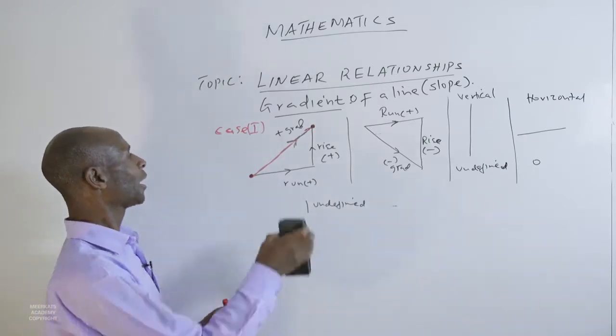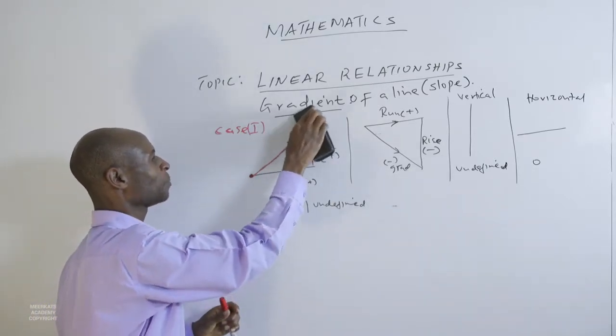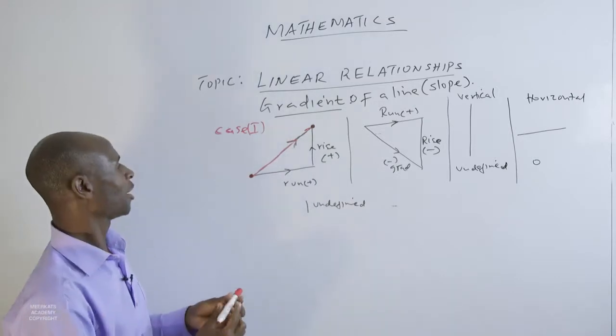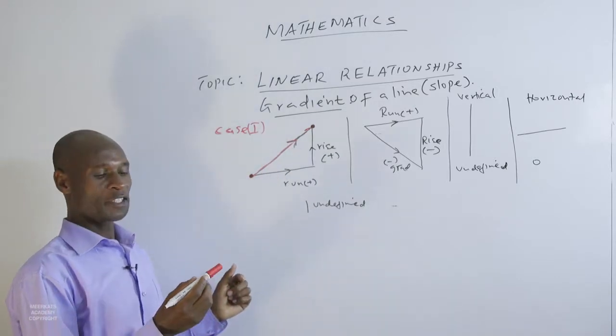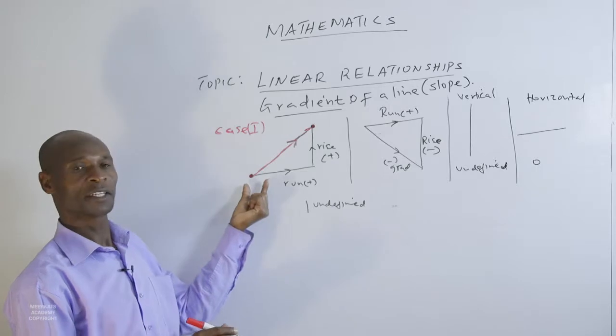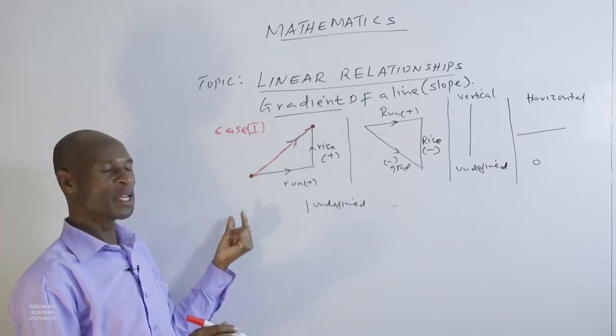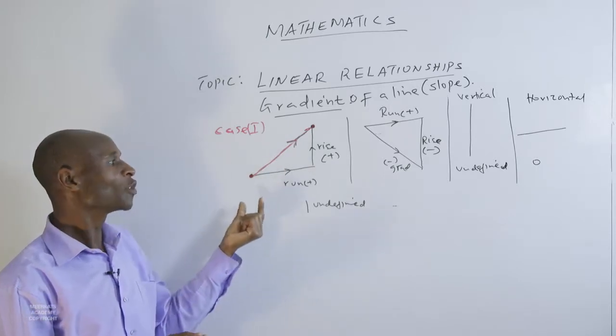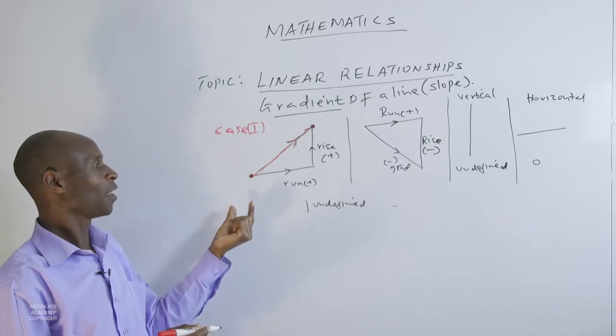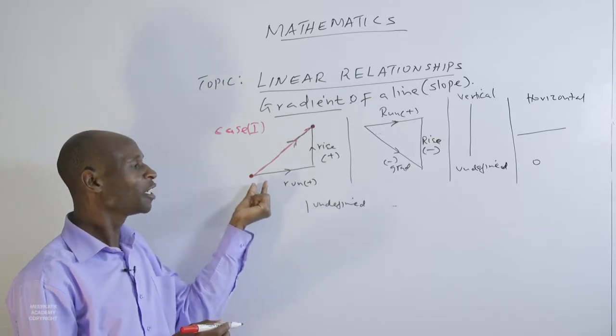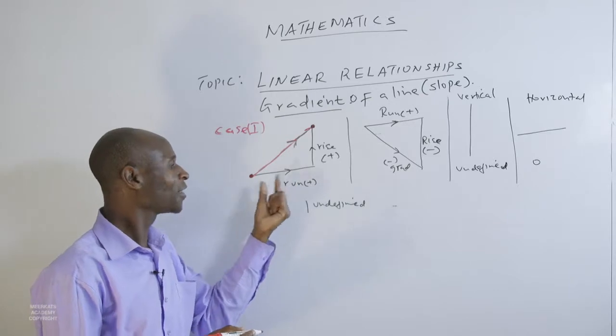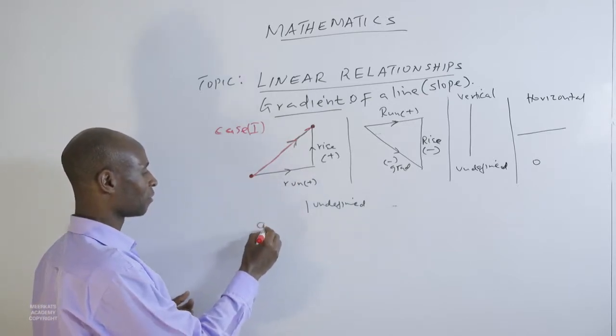So how do you calculate the steepness of that particular straight line? It's important to understand that to calculate the steepness of the line, we shall consider how far the point has moved horizontally, and that is called a run.